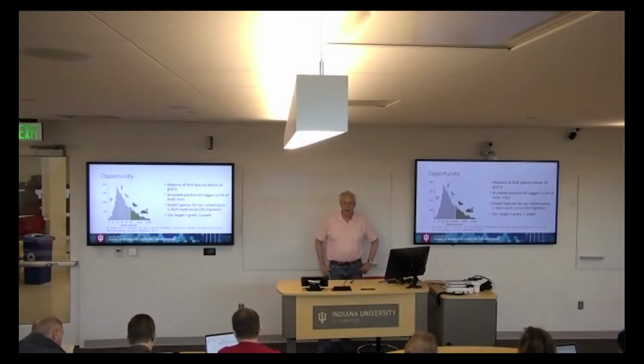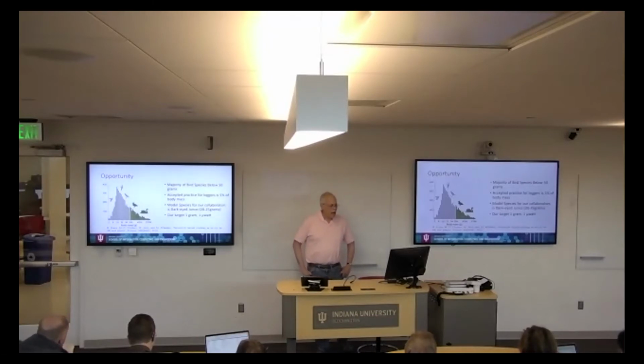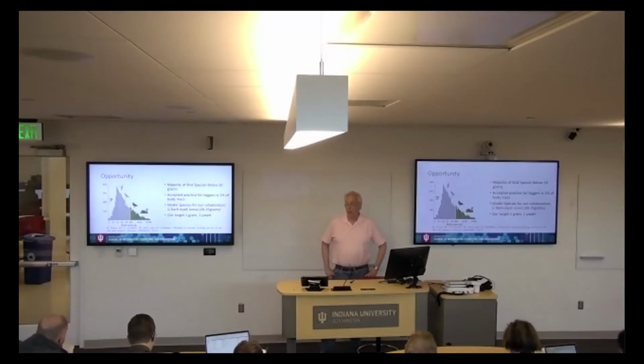If you look at the distribution of the size of birds, what you find is a lot of birds don't weigh very much. And the birds that our collaborators are interested in are juncos. They're a very common songbird. They've been used for many years as a model species by biologists.